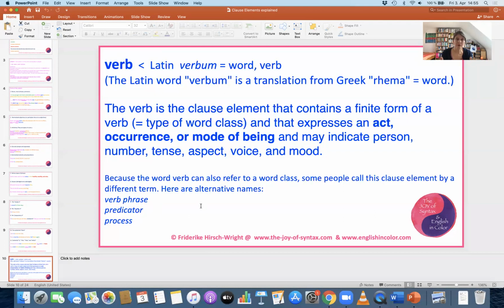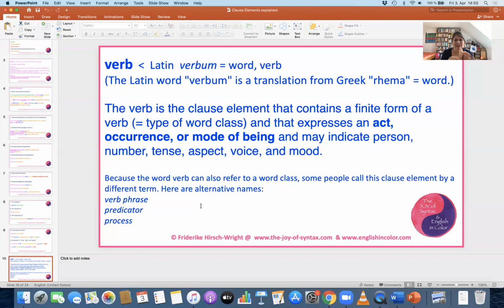So a finite verb always contains at least one verb. So it's either one word, one verb, or a verb phrase. And when it's a verb phrase, it contains more than one verb.